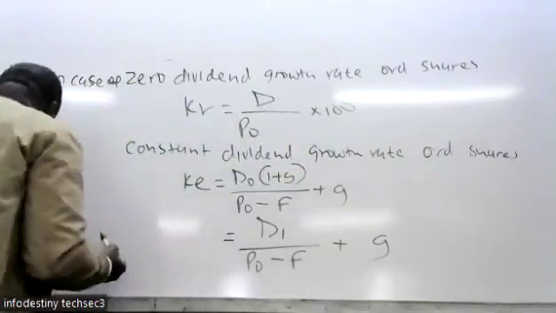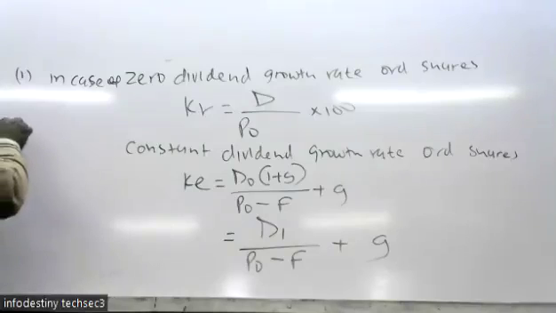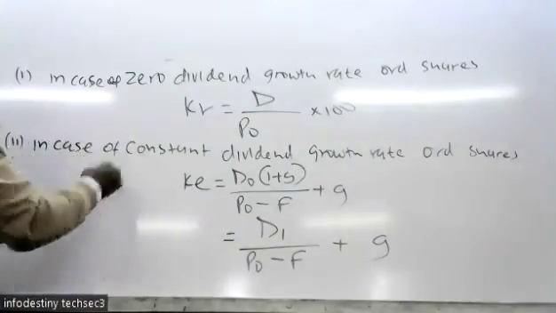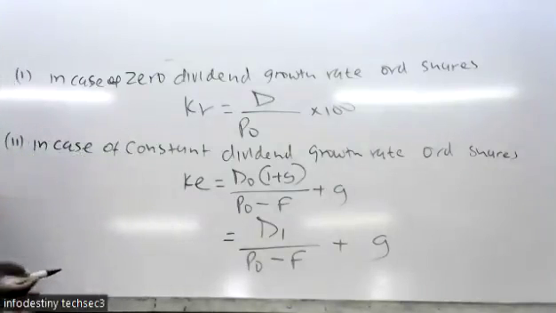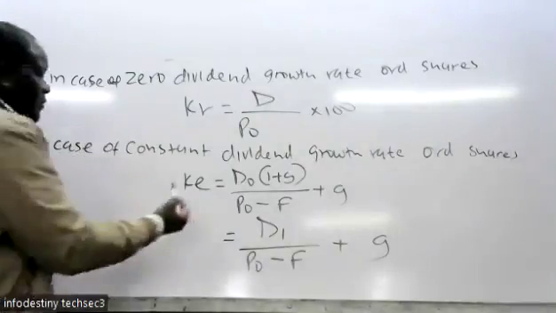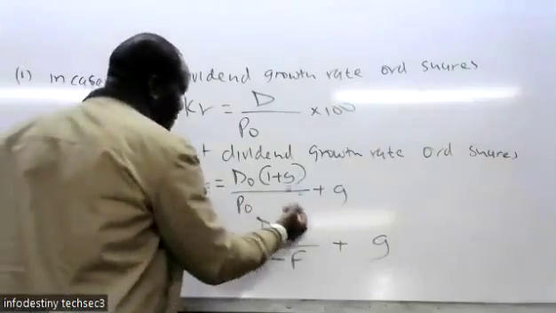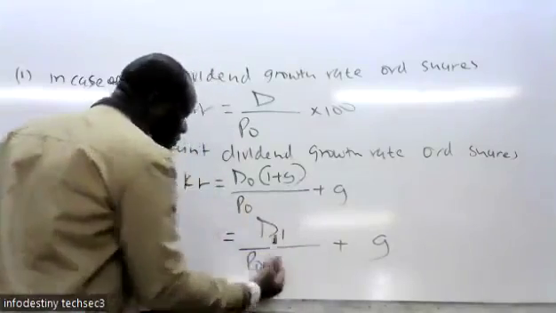Then Roman letter 2 will be in case of constant dividend growth rate ordinary share. You only change this one to KR. Then there is no flotation cost.